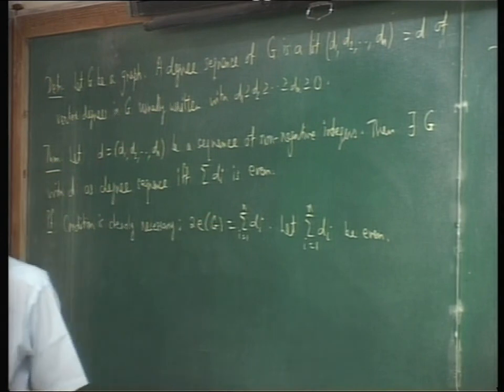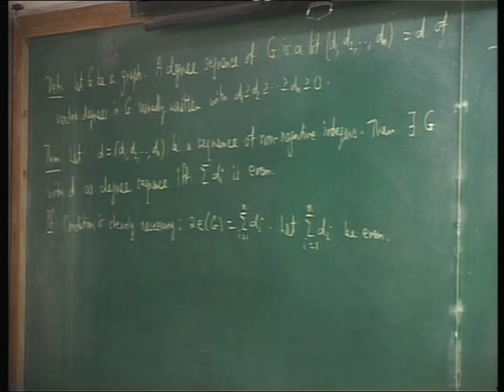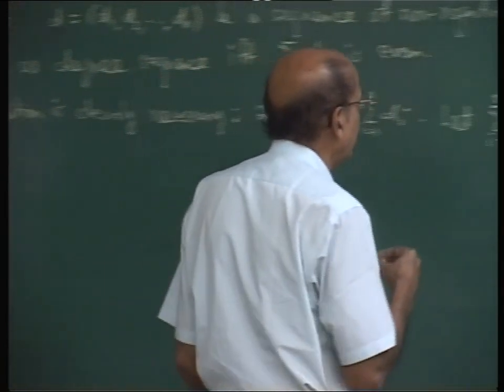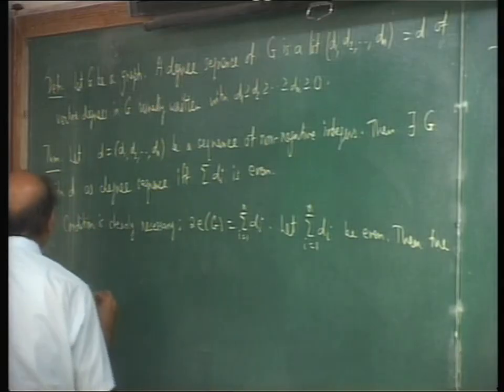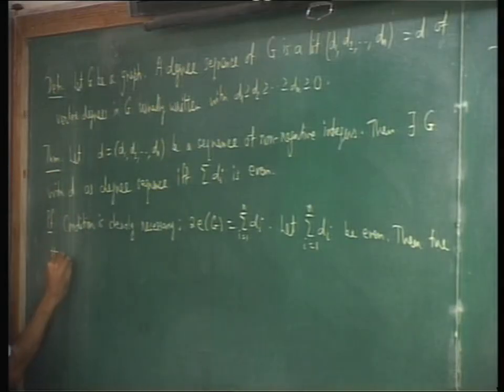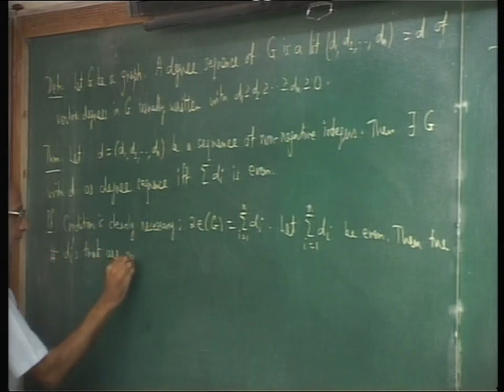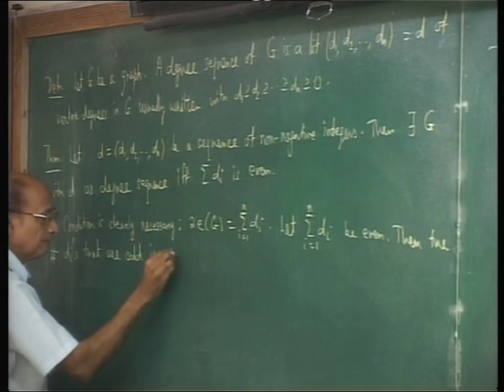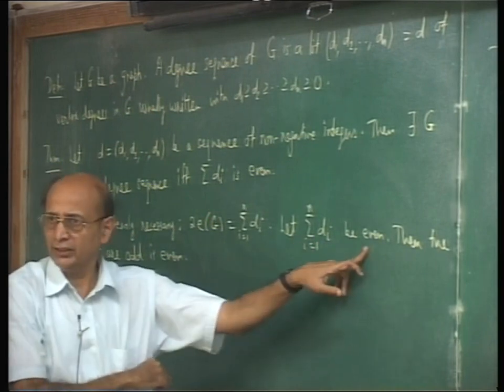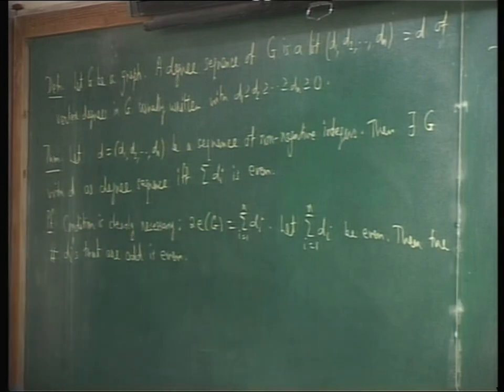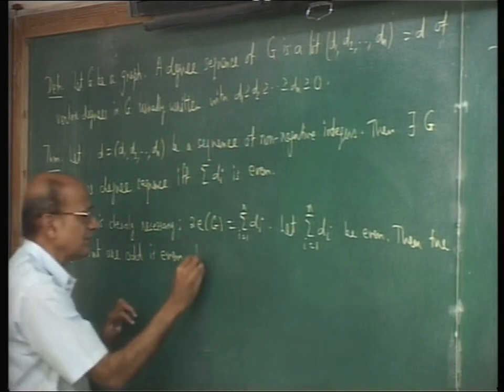Then the number of d_i that are odd will be an even number. Why is that? Because if the sum is to be even, then the number of summands that are odd is an even number. So let A be the set of all odd ones.